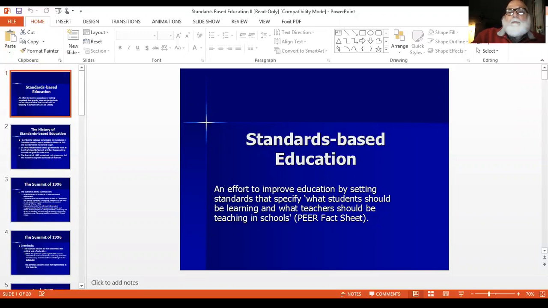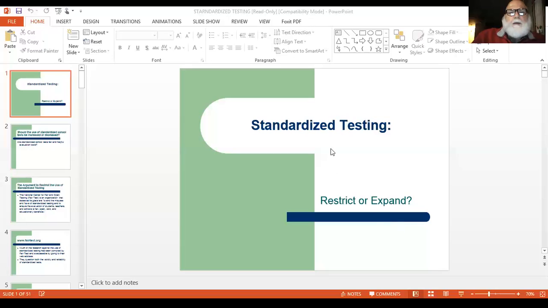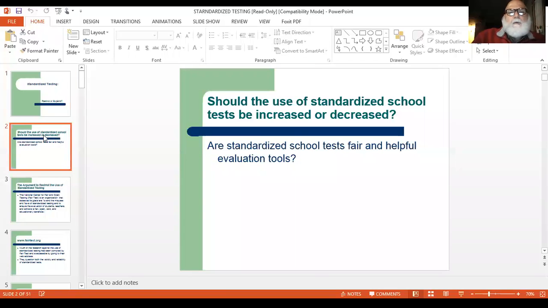And then I have one for you here on standardized testing that debates the argument, should standardized tests be increased or decreased, or are standardized school tests fair.